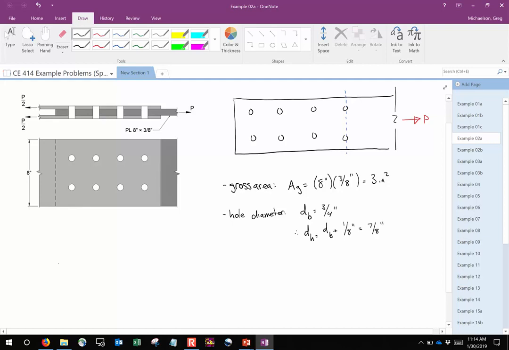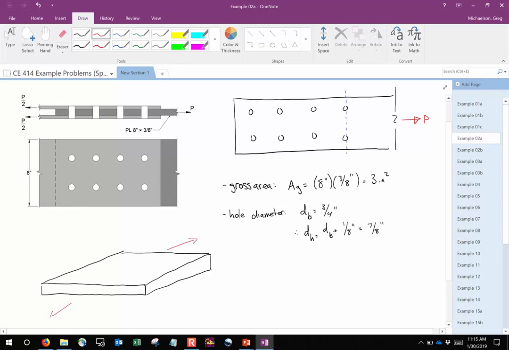Hold on. Give me a sec. Let me test my 3D art skills a bit. All right. So let's look at this plate in isometric. Let's look at it in 3 dimensions. So here's the plate, and it's going like this, right? And we're yanking on the plate like that.